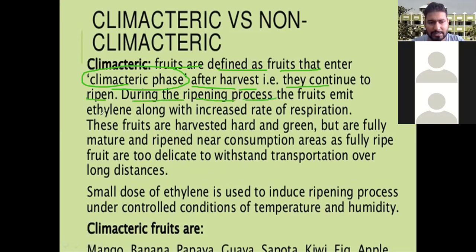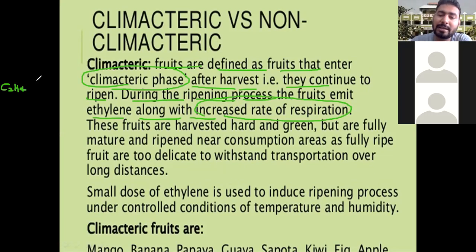During the ripening process, the fruit emits ethylene along with an increased rate of respiration. When you have harvested or plucked the fruit from the tree and put it anywhere, it will start to ripen and secrete ethylene, which helps in ripening.